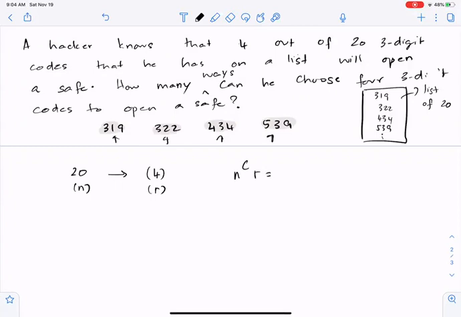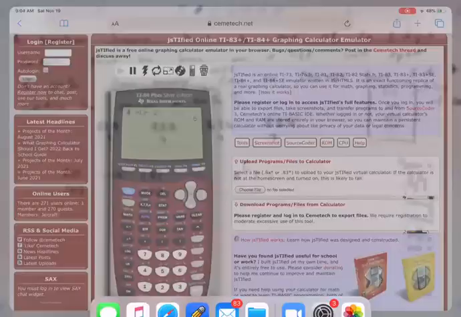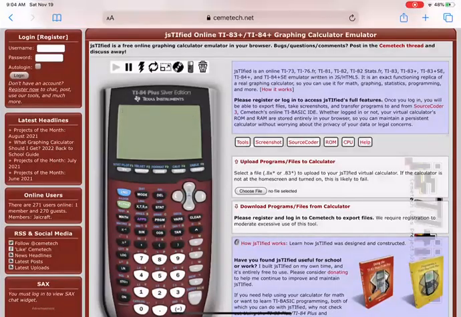So going back to our calculator, 20, math, nCr, 4. 4,845 combinations.